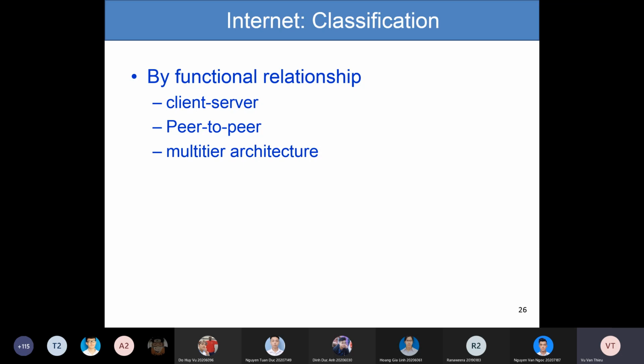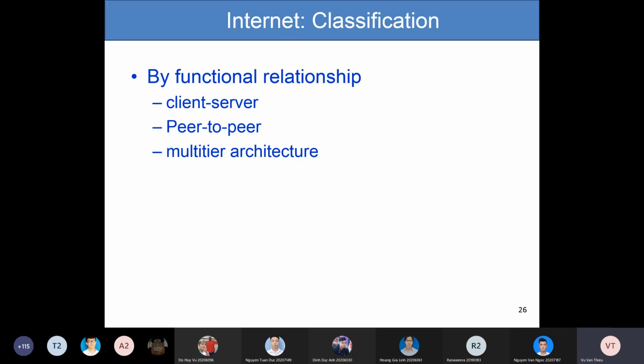That is the client. The second kind of computer network is peer-to-peer. In a peer-to-peer network, all computers have the same role. No computer works as a server. All computers have the same role. That is peer-to-peer.